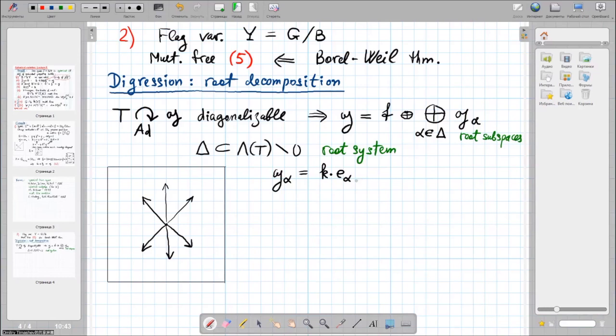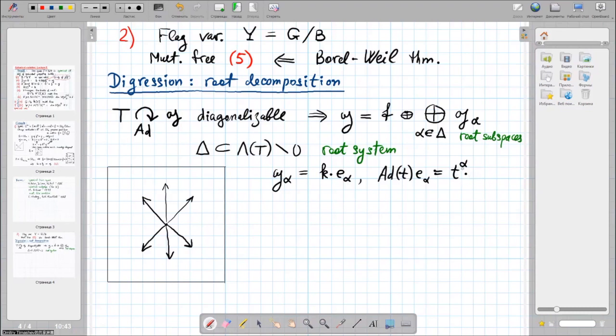Let me write down what it means that it is a root vector. I already said this in words, but let me write down the formula. If you apply the adjoint action of some element t in big T to the root vector, it is just multiplied by the value of the character alpha at t.